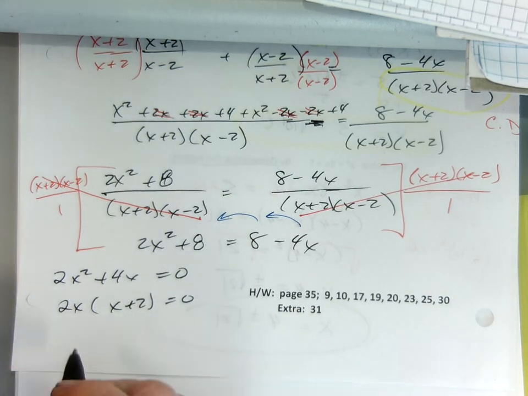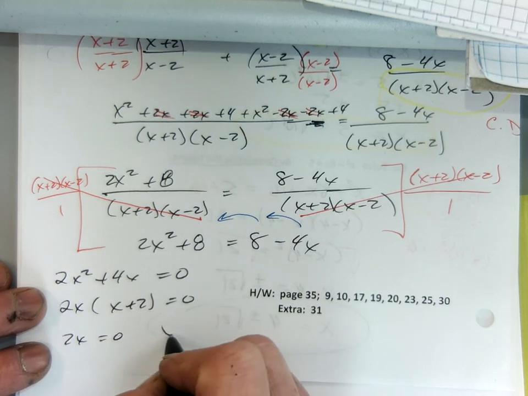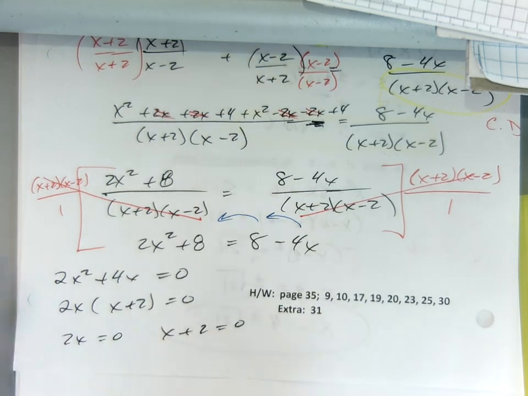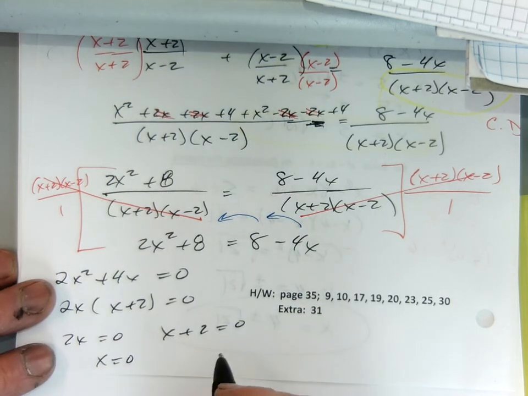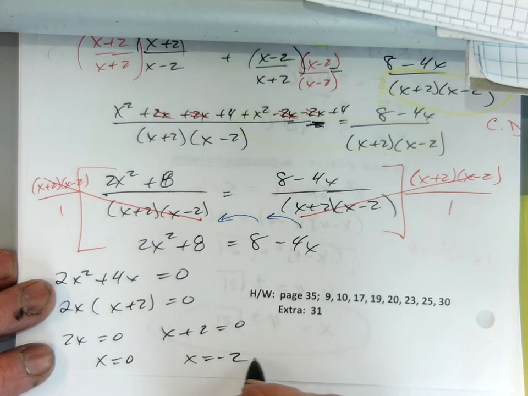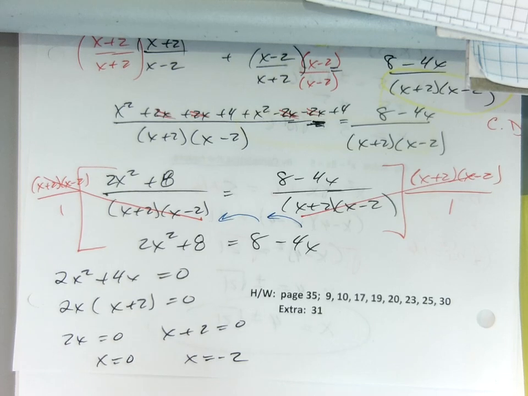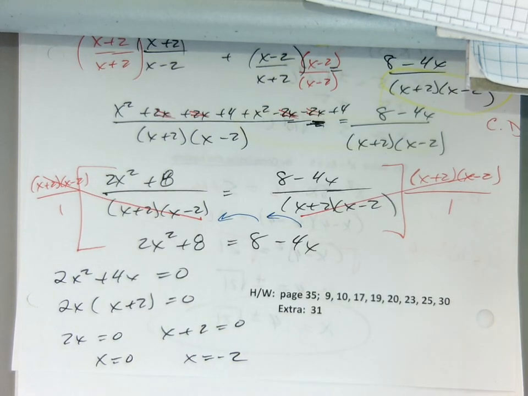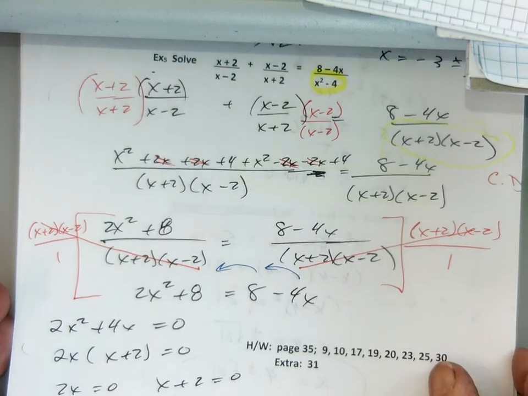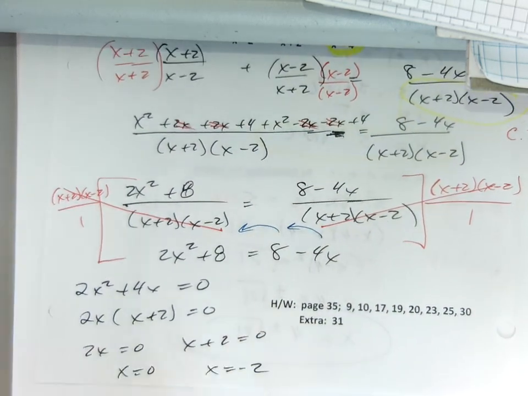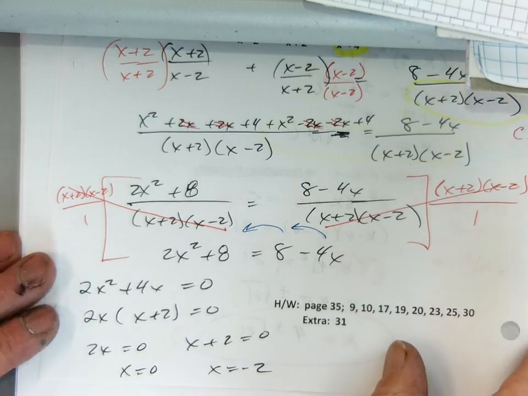All this work, I have too many equations. I'm going to finally get an answer. Divide by 2, one answer is 0. The other answer is negative 2. Except one of these two answers we're going to throw away. Which one am I going to throw away? Nope. Negative 2. Yes, why negative 2?